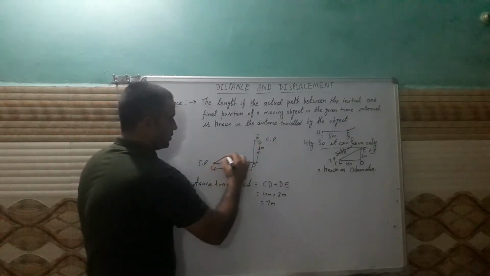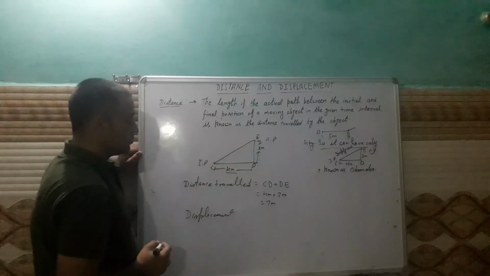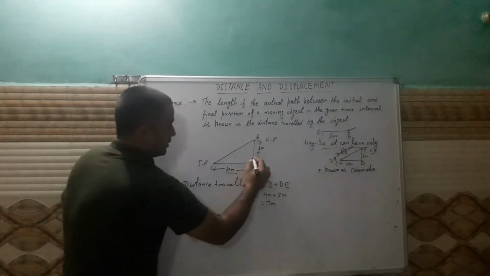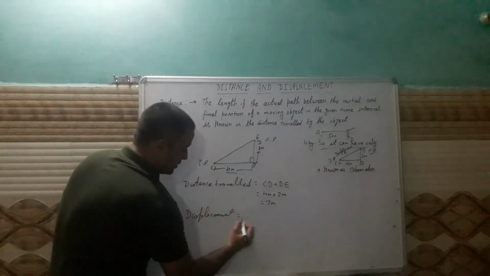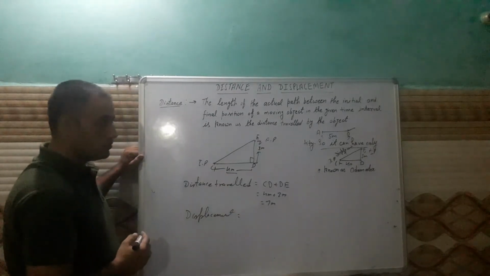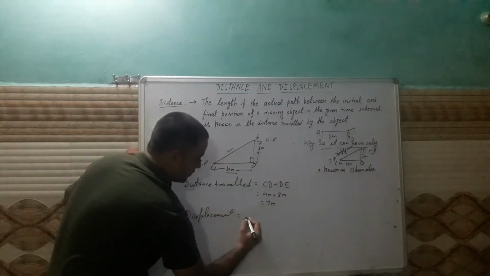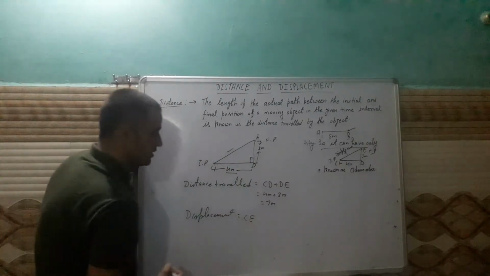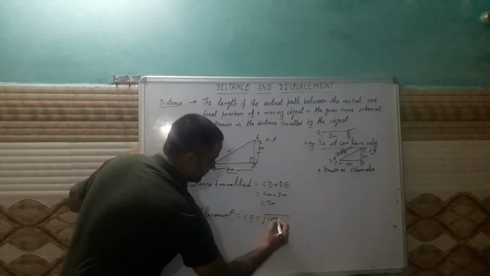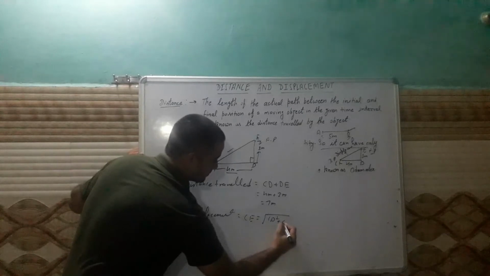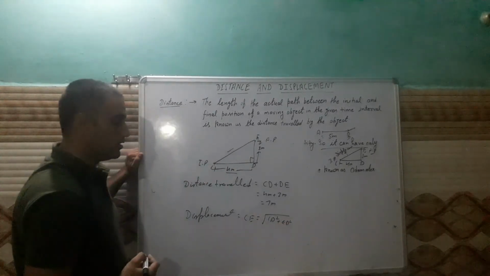So we can draw a straight line joining C and E. It is a right angle triangle, so according to the Pythagoras theorem, this is the hypotenuse CE, which is the displacement. Its value is the square root of CD squared plus ED squared.